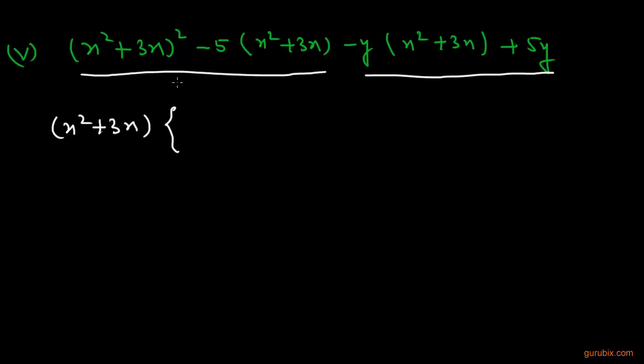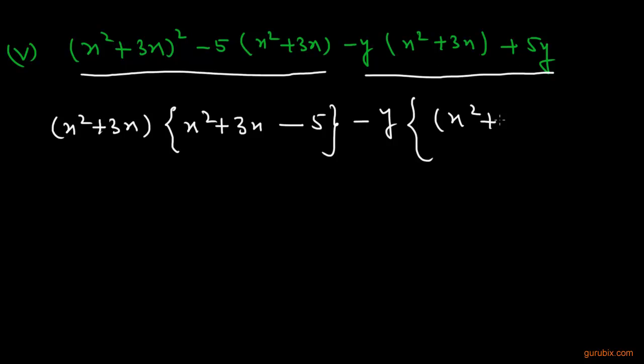Then in the bracket it remains x squared plus 3x, because it's x squared plus 3x whole square, and here remains minus 5. And if we take common minus y from these two terms, we remain here with x squared plus 3x minus 5.